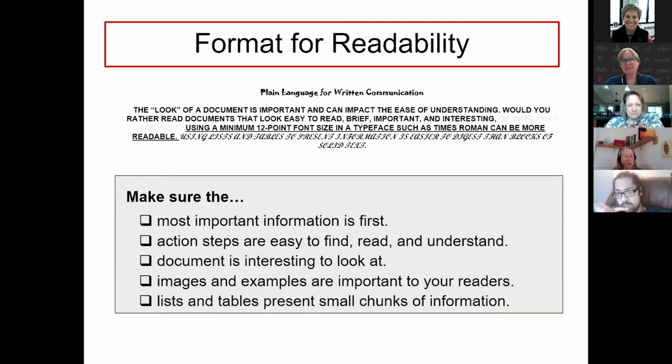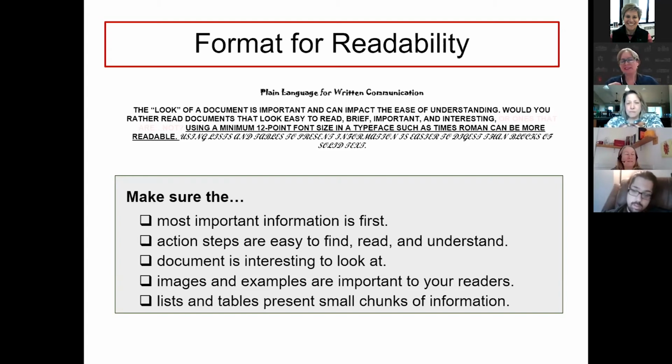Serif font, Times New Roman, for example, is often easier for the eye to read in text, whereas sans serif font like Arial is great for headings and sometimes lists. So, and for screens for that matter, for phone screens.